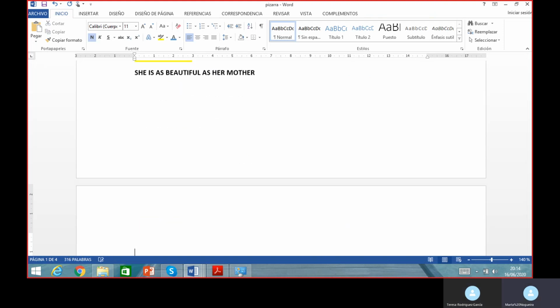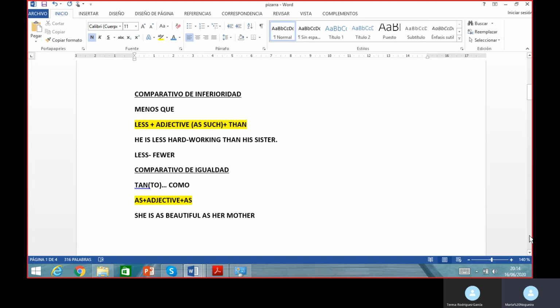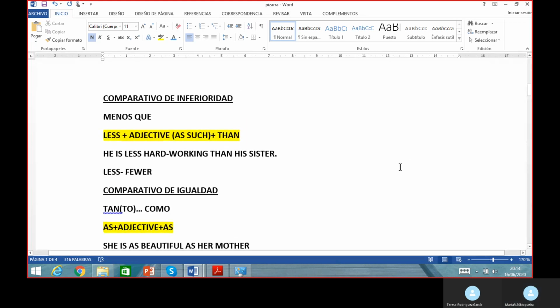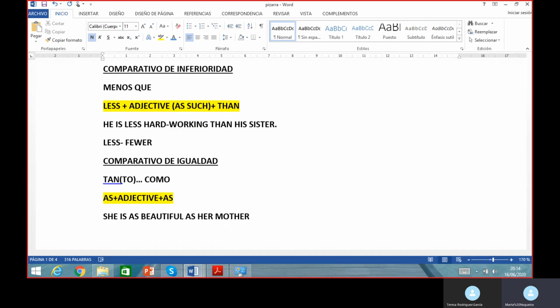I'm just going to show you, and you can take a picture of this or whatever. So this is the comparative of equality: as, then I put the adjective or the adverb, and then as, okay? And I'm going to review this a little bit.